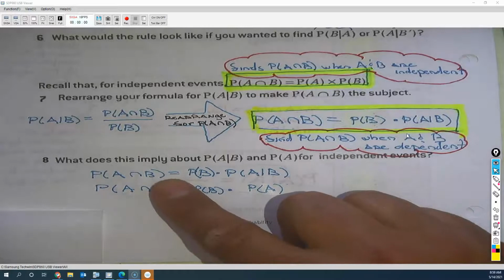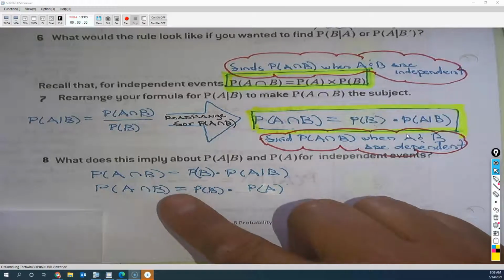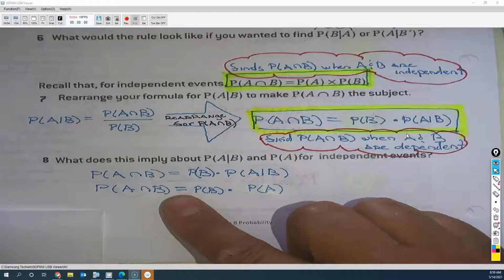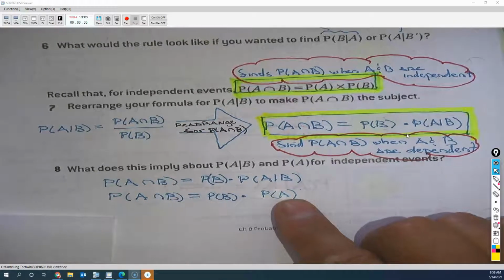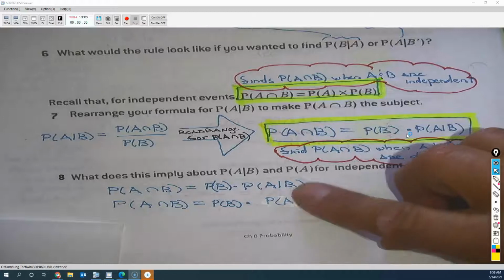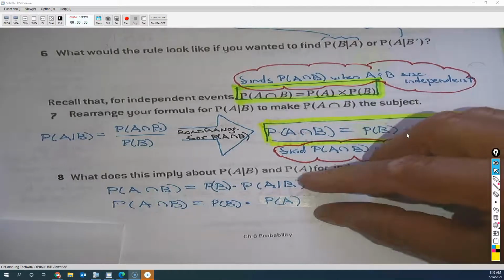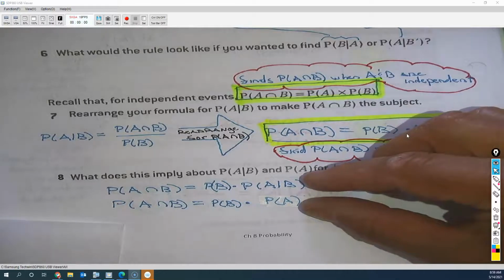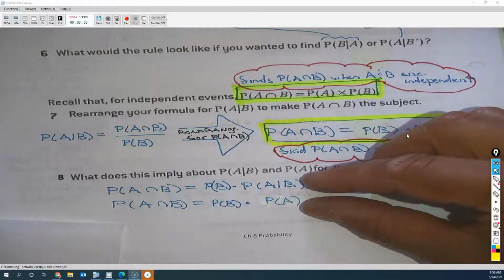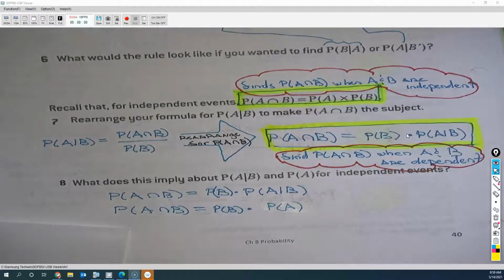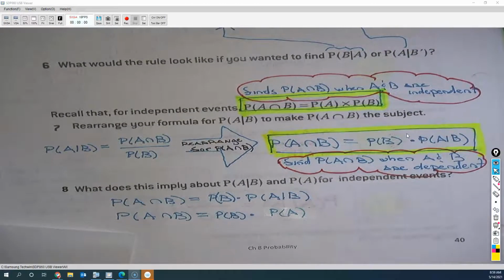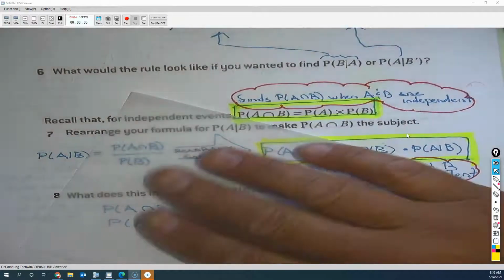This top statement's true, and this bottom one's true. What do we know about the relationship between P of A and the probability of A given B? What has to be true about it?